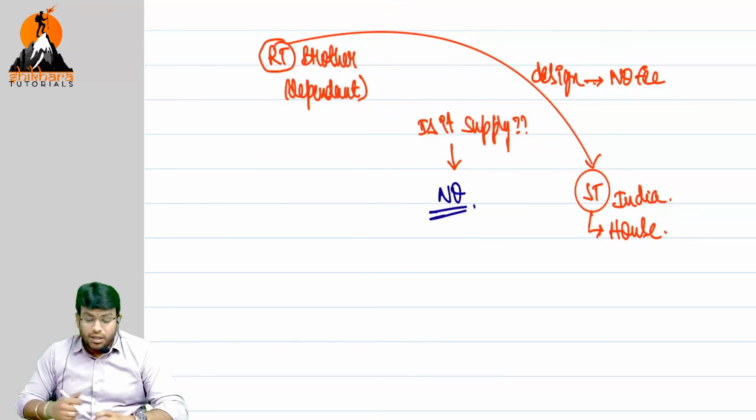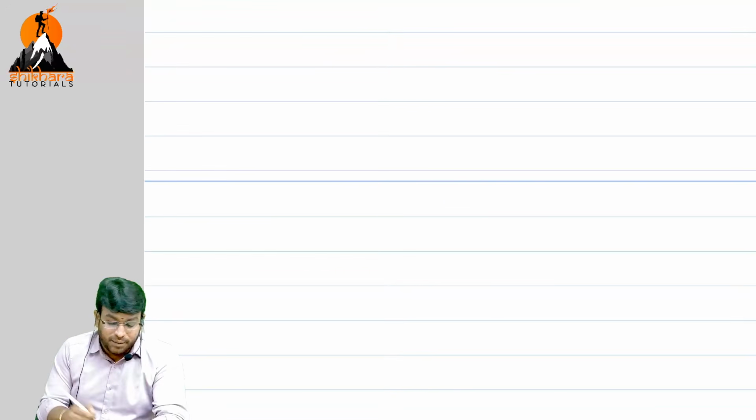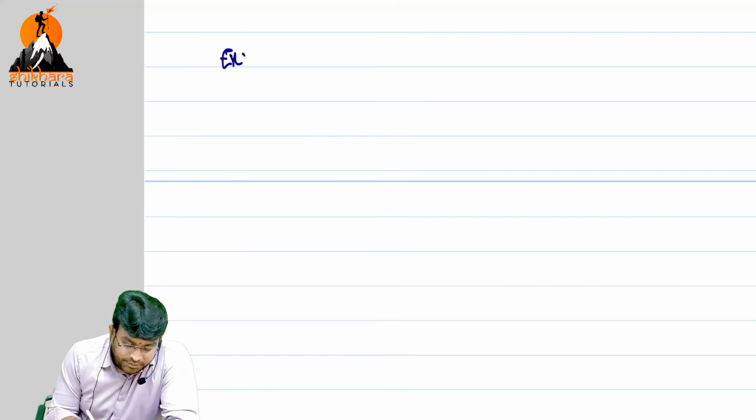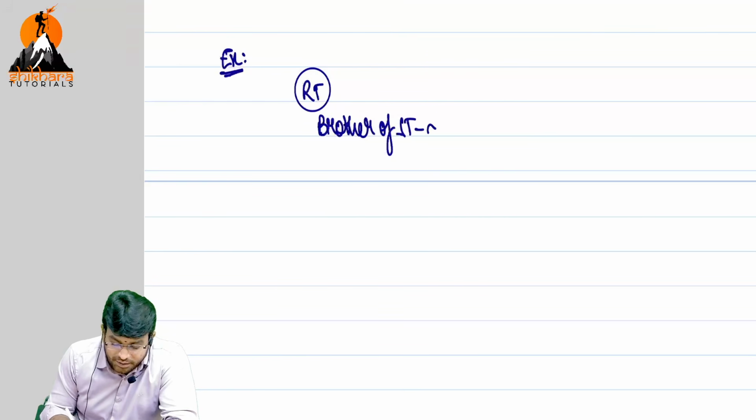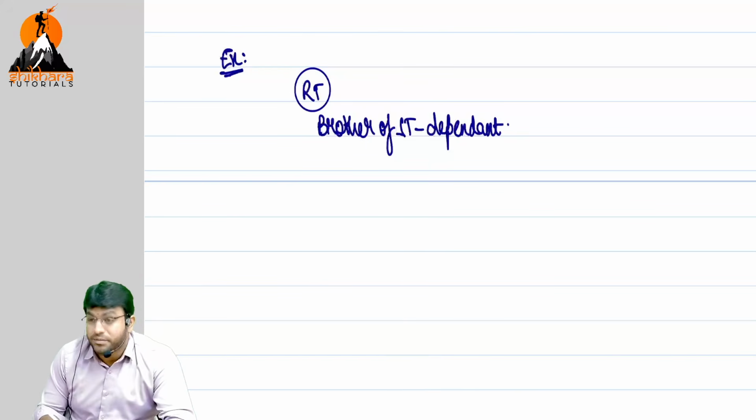One last example, sir. After that, I'll proceed. There is Ravi Teja, brother of Shiva Teja, and he is dependent.